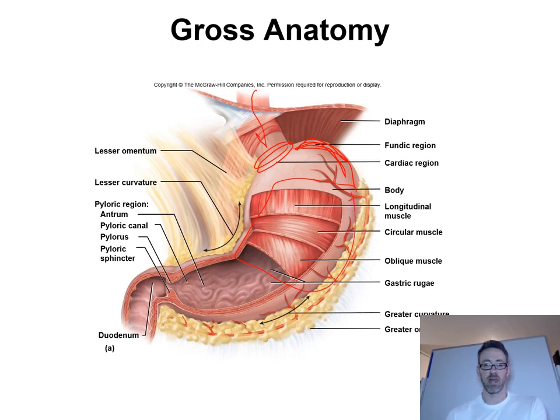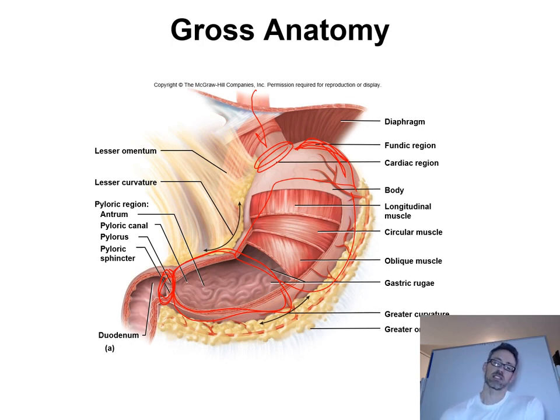There's the body. And then down here, this little region down here, that's called the pyloric region, otherwise sometimes referred to as the antrum. And then down here is the sphincter. That's called the pyloric sphincter. So that's the sphincter that separates the stomach from the duodenum of the small intestine.